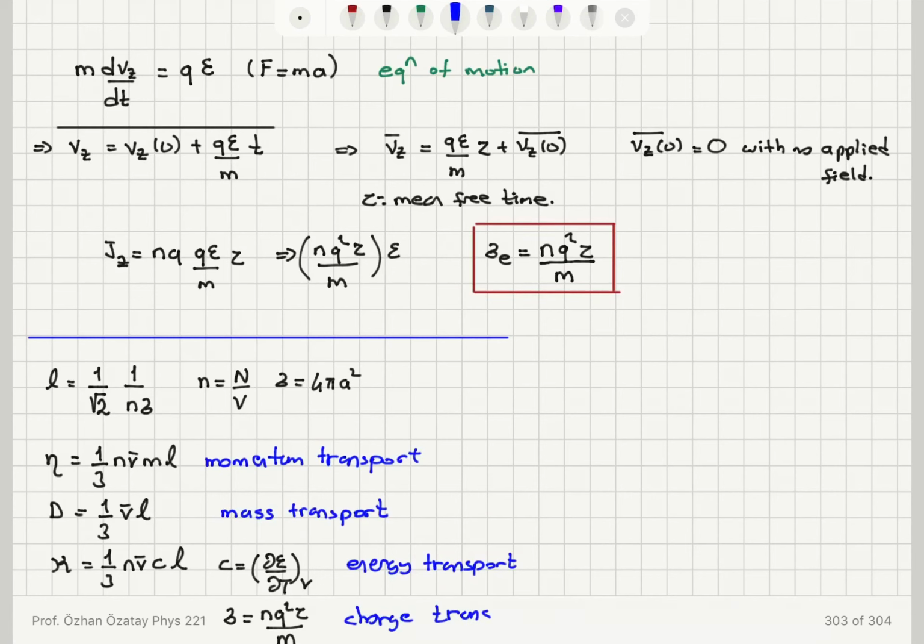So we have talked about 4 different transport processes that are examples of non-equilibrium situations that gave us these simple results, and it also gave us some information about temperature dependence, pressure dependence, concentration dependence, etc. of these parameters using a very elementary kinetic theory.